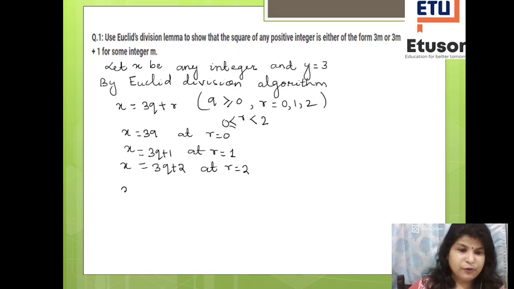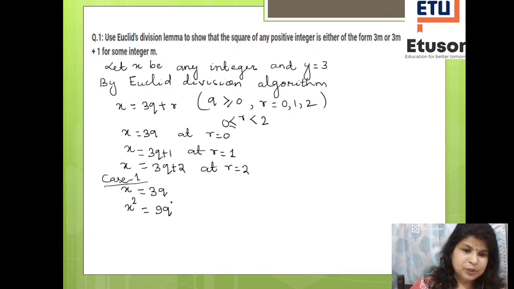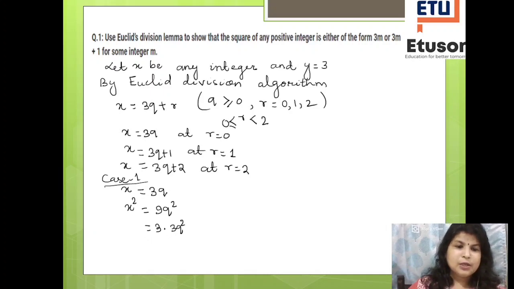So first you find out the first case where x is equal to 3q. So this is your case 1. So x is equal to 3q. Now squaring both sides, you get x square is equal to 9q square. Correct or not? So that I can write as 3 into 3q square. Can I write like this? Yes.